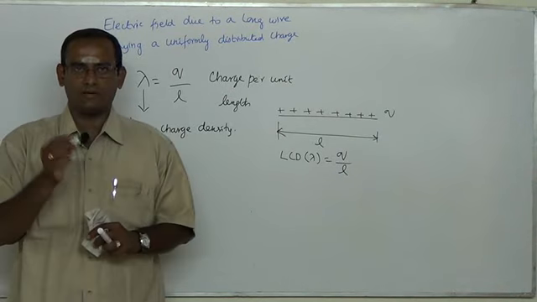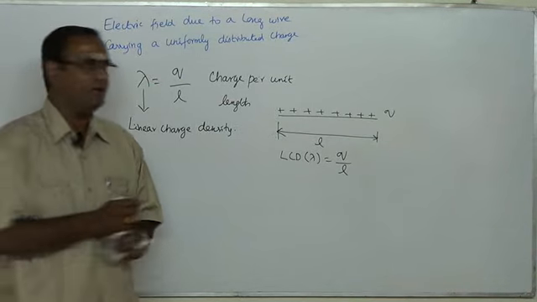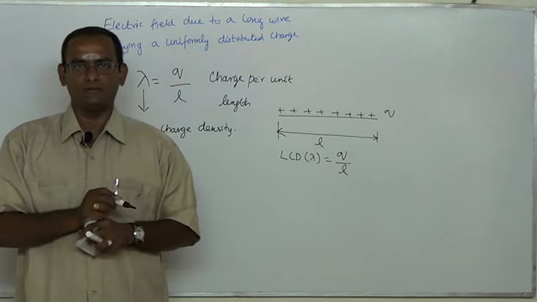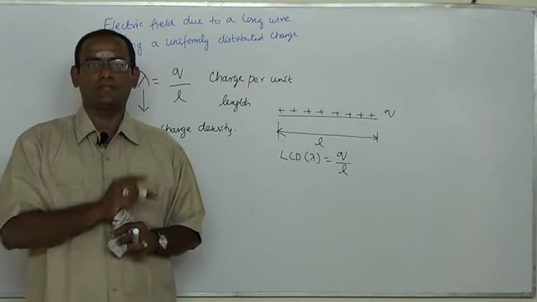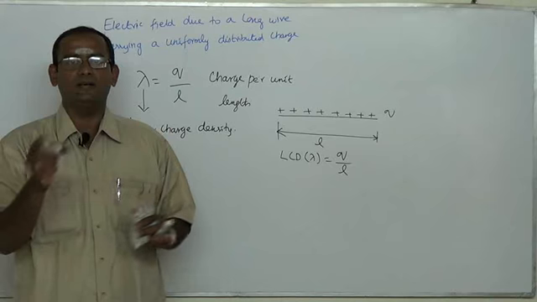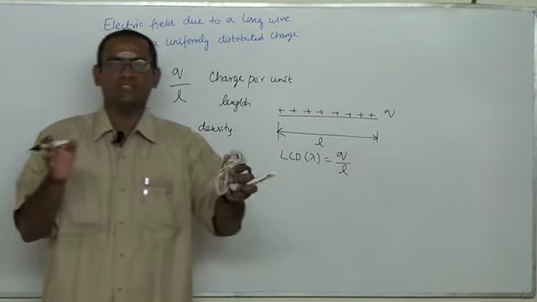Don't worry, it is not difficult to understand. Suppose you have 10 rupees in total. If 10 rupees is distributed among 5 people, then the amount per person will be 10 by 5. There, the amount is distributed with respect to the number of persons. Here, the charge is distributed with respect to the length.